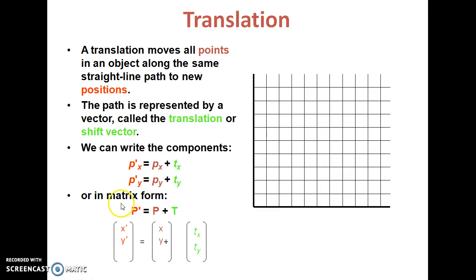Or in matrix form, P dash is equal to P plus T, that is x dash y dash is equal to x y plus tx ty, where P dash is your transformed matrix, P is your original entity matrix and T is your translation matrix.